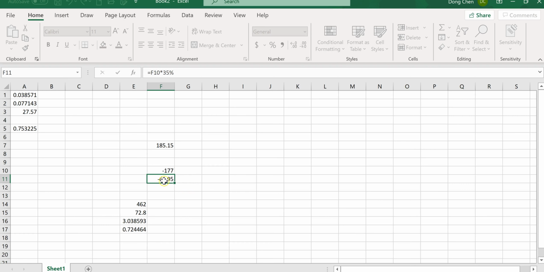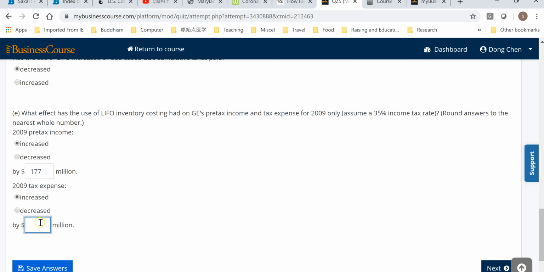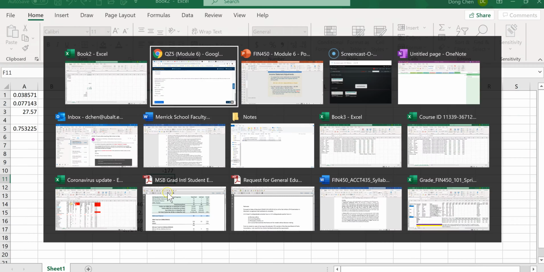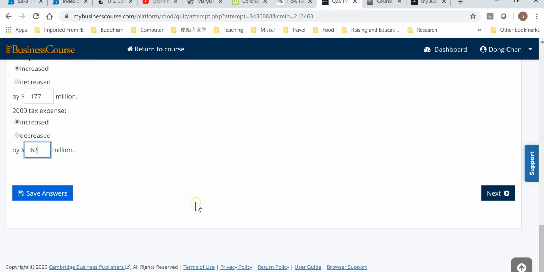And we don't have to consider the negative sign, because that has already been considered by increasing or decreasing here. Then we just need to note the rounding requirement. Again, round answers to the nearest whole number. So it's going to be 62. So I rounded it up here, 62 million.